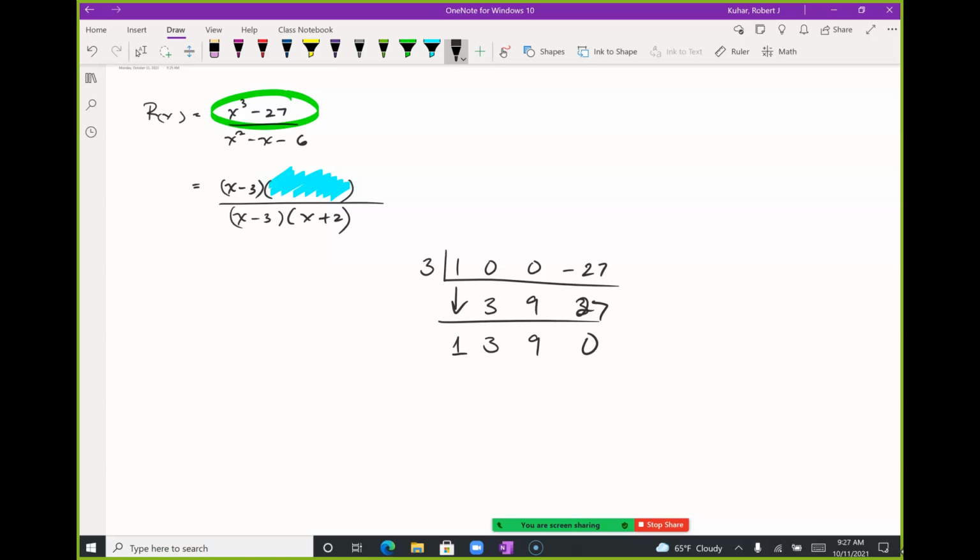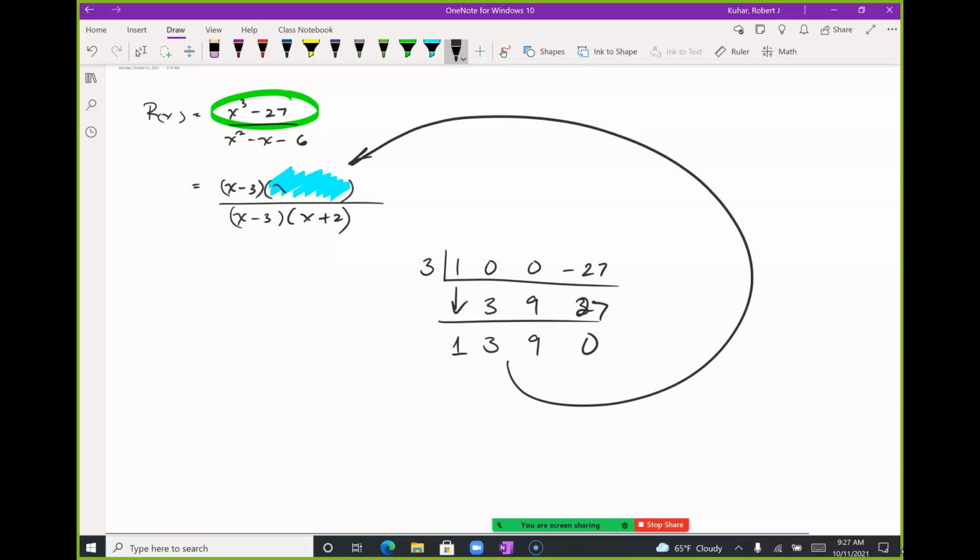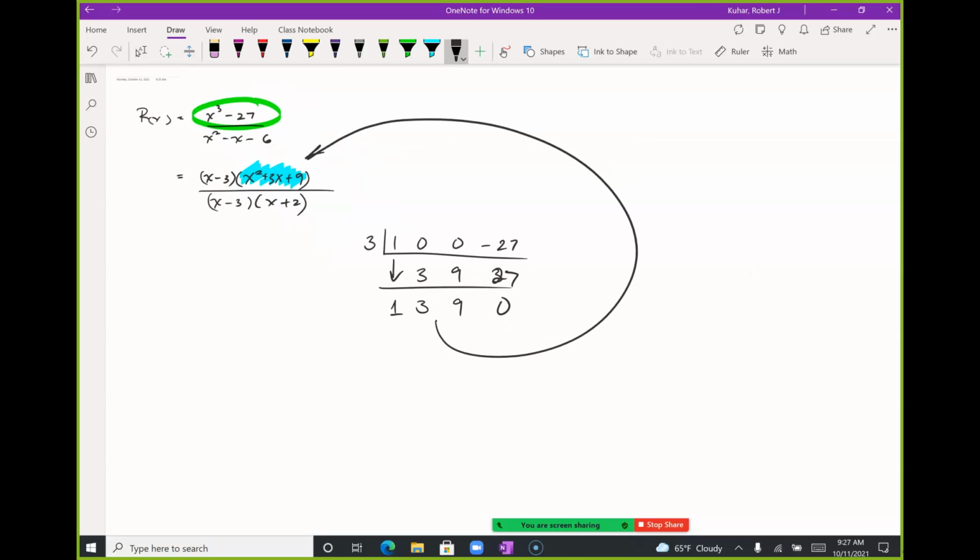Good, I got my 0. And now I can tell what goes in here is x squared plus 3x plus 9. You multiplied by 3 because of x minus 3, because I'm checking to see if 3 is a 0. What makes this 0 is 3, so I'm checking to see if 3 is a 0, and it is.